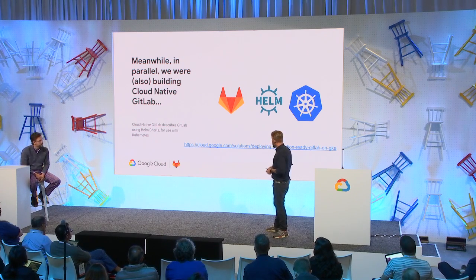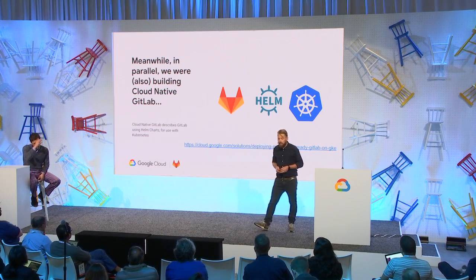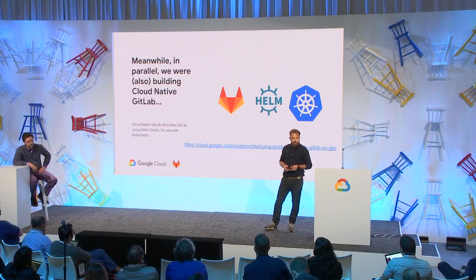Cool. So around about this time, we were actually working on another major project, and that was called Cloud Native GitLab. And this project is basically about building a set of Helm charts for GitLab so that we could deploy GitLab inside a Kubernetes environment.